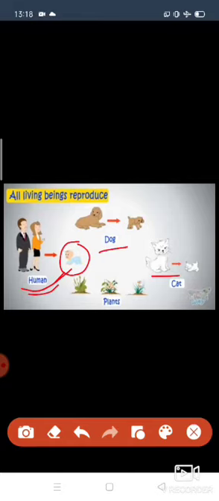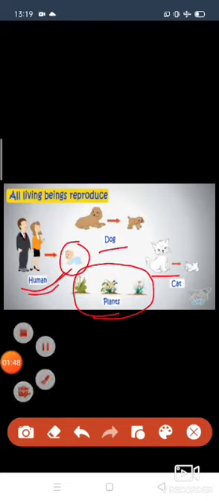Like human beings, our plants also give birth to their new plants. Like human gives birth to human, animal gives birth to animal, plant gives birth to another plant, but exactly the same one, children, not the other one. Okay, so we will see it.